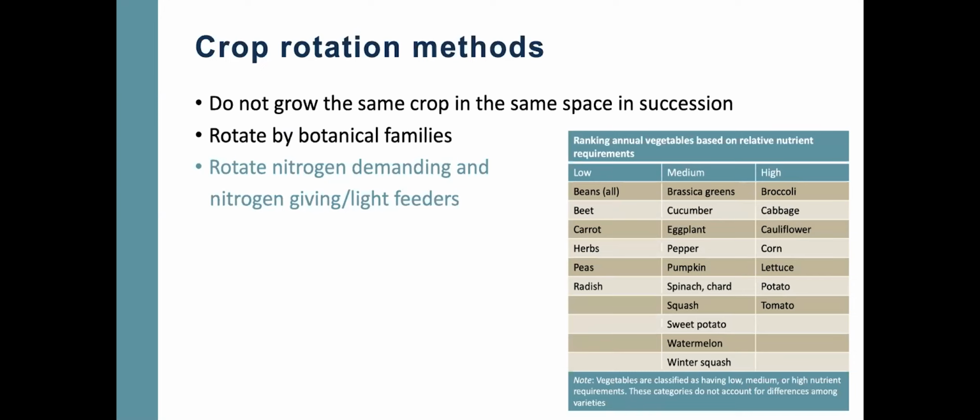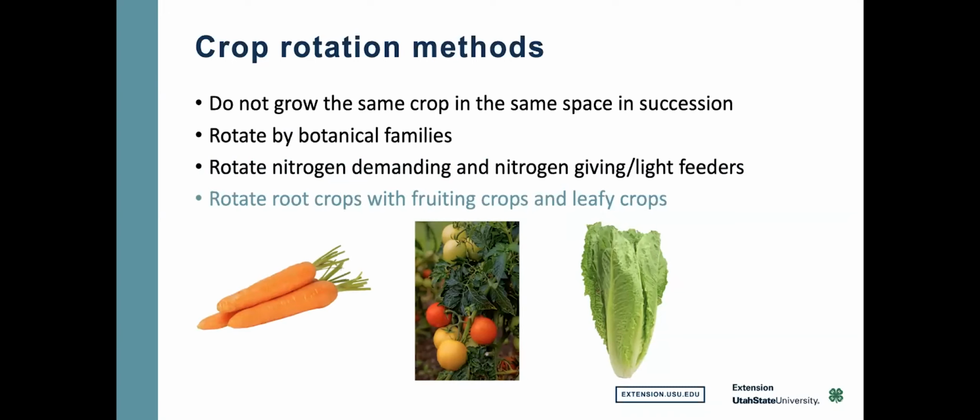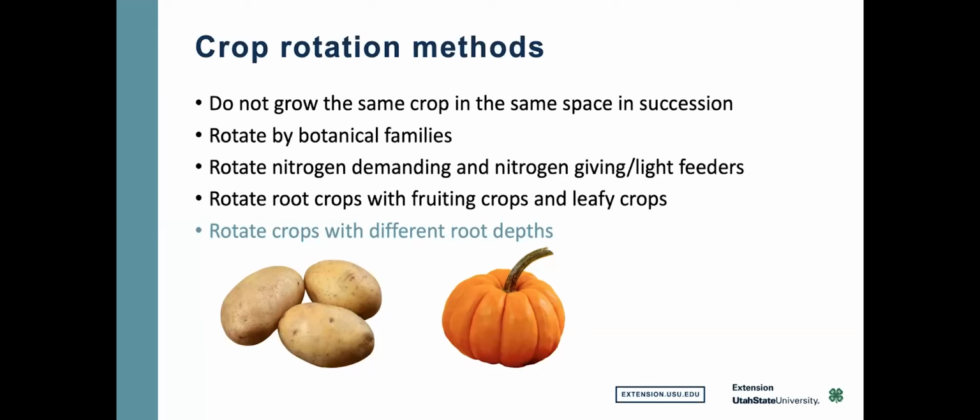Another way of thinking about it is rotate by root crops, by fruiting and leafy crops. So not having perpetually root crops in the same space, but intermixing those with fruiting crops as well as leafy crops. Another idea, and this was talked about by Dr. Dross this morning, the idea of crops with different root lengths, and this can help in several ways.